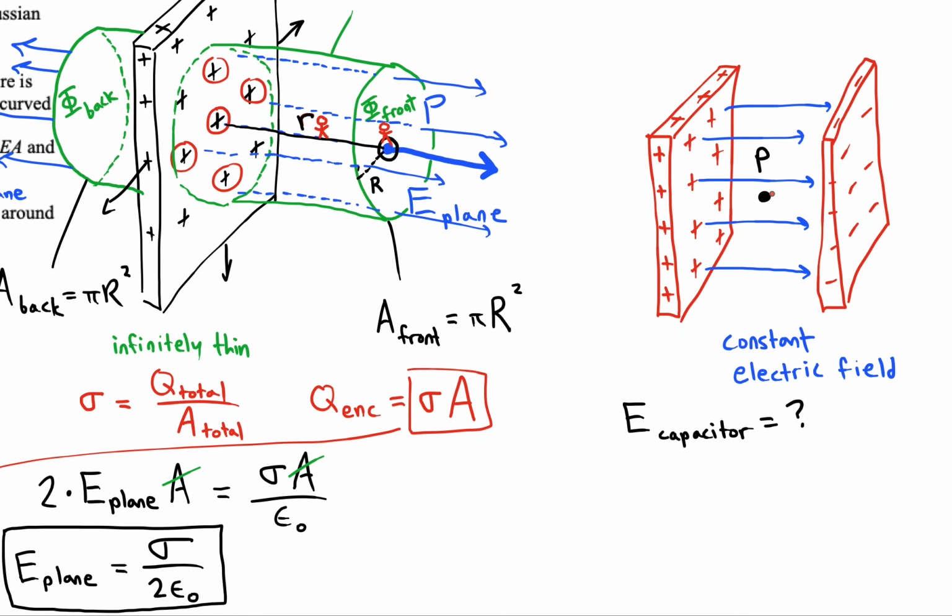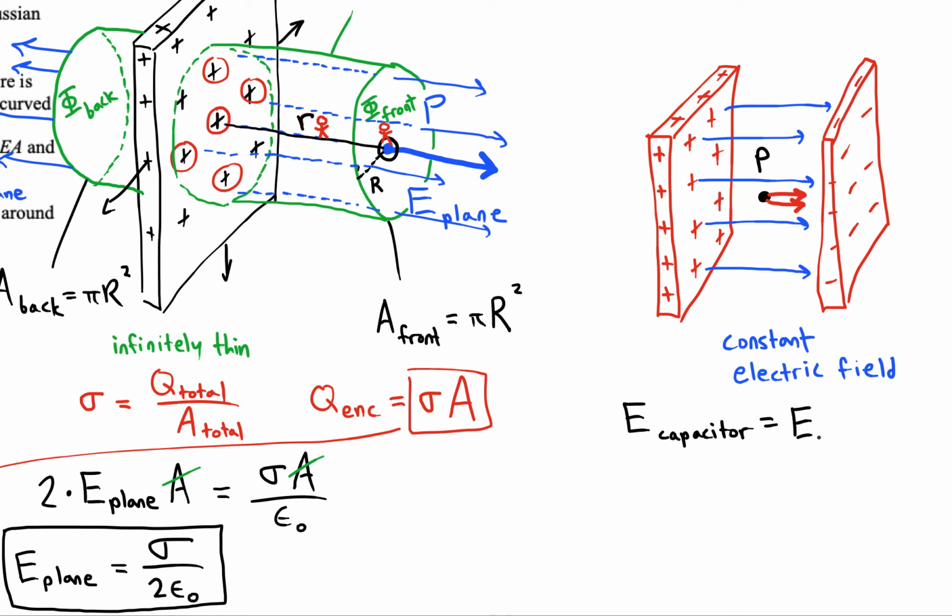At point P, there would be a field due to the positive plate. This would push positive charges away from itself. But we're also going to feel a field due to the negative plate now. The negative plate would pull positive charges toward itself. So we have two contributions to the field.